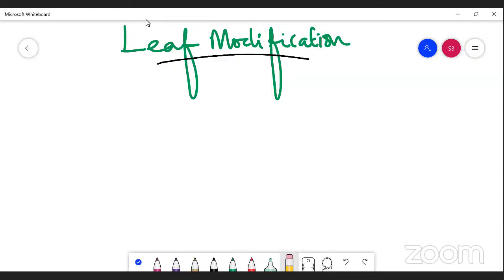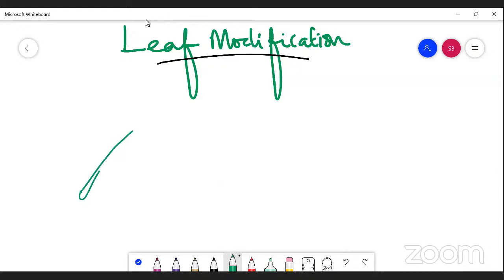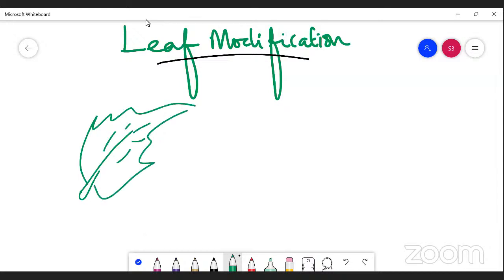My dear students, now I'm going to draw the structure of leaf. You can understand, this is the structure of leaf. If you take a leaf, you know very well it is a green, flattened, blade-like structure.